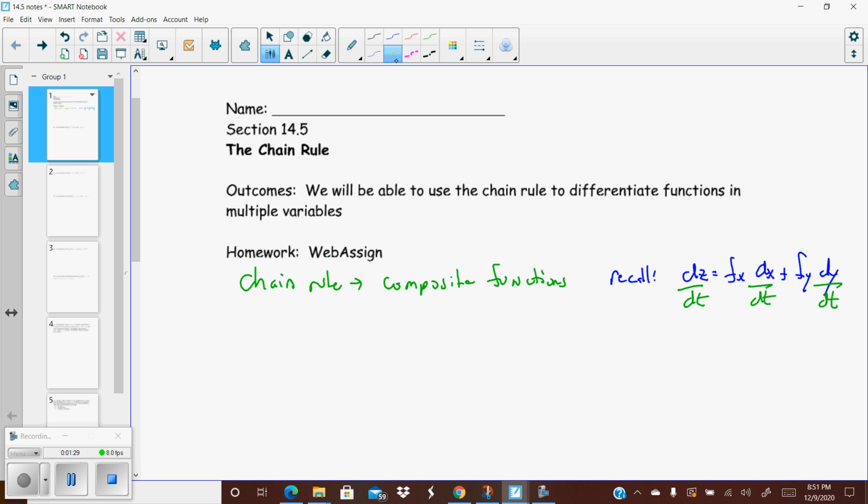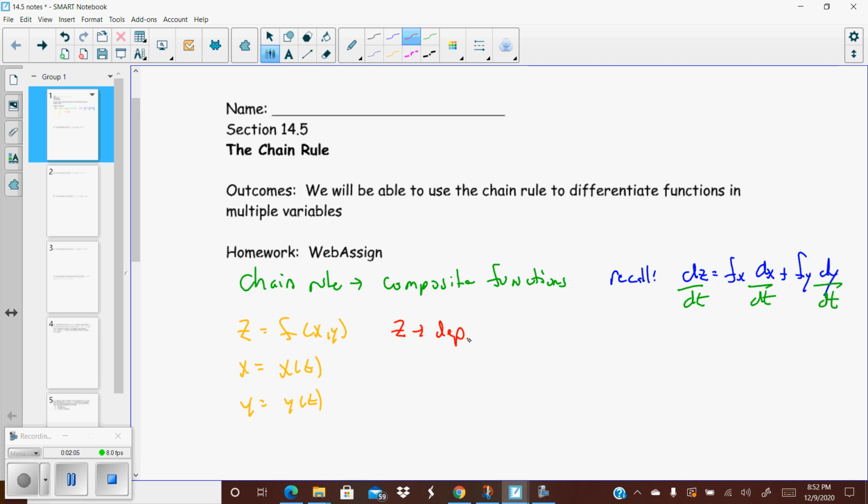So let's say that z is a function of x and y. But x itself is a function of t. And y is also a function of t. What that means is that z is your dependent variable. Okay, z depends upon everything.